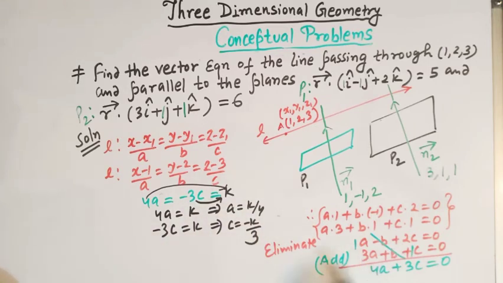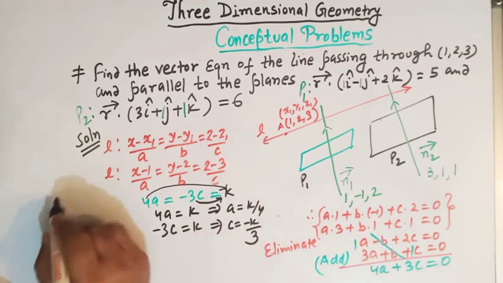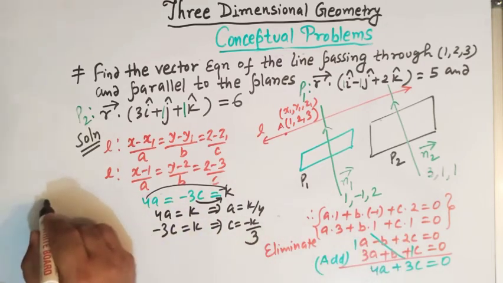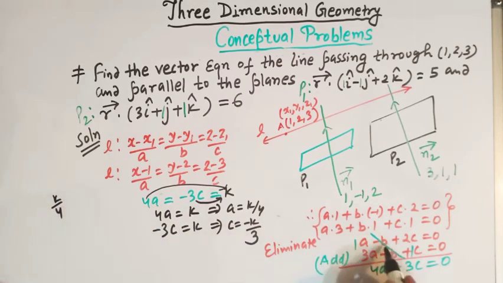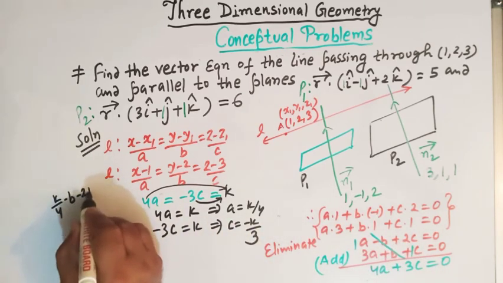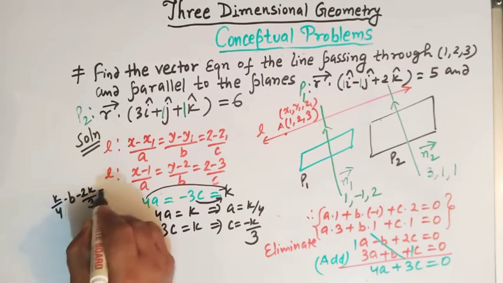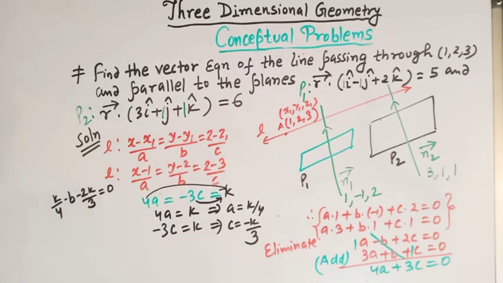Now we will solve this equation for b by substituting the values of a and c here, right? So if we substitute the value of a, we get k by 4, minus b, plus 2c, which means minus 2k by 3, equal to 0, right?